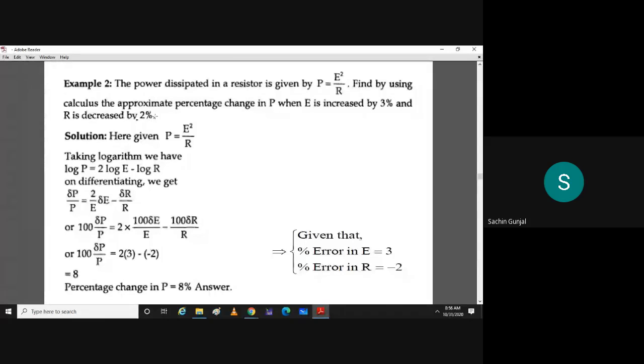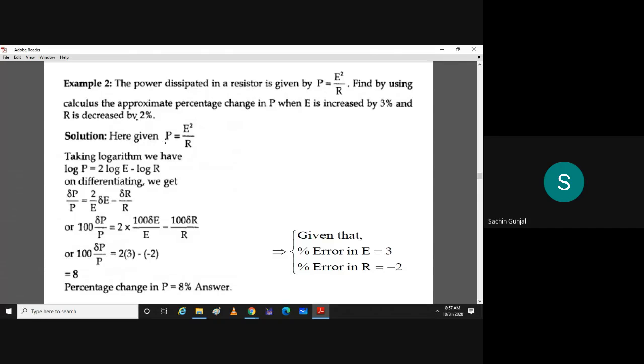So again, you can check that the terms are in multiplication or division, so applying log on both sides is going to help you.